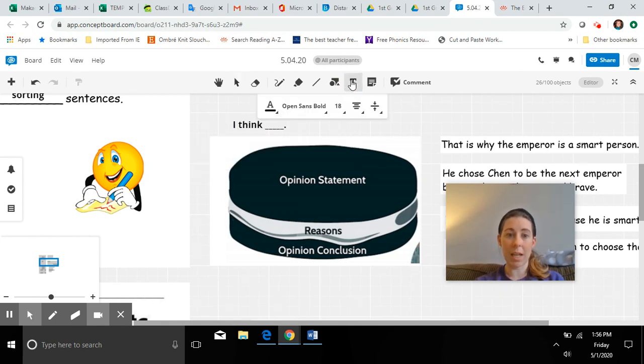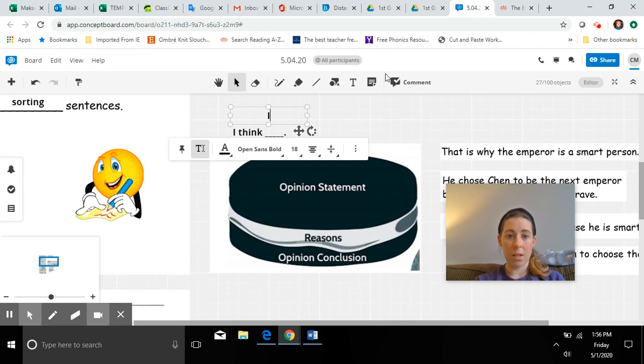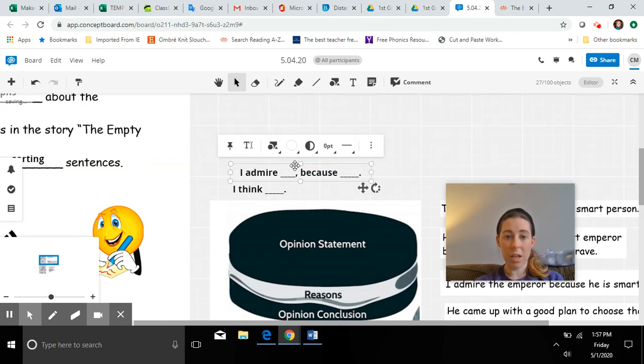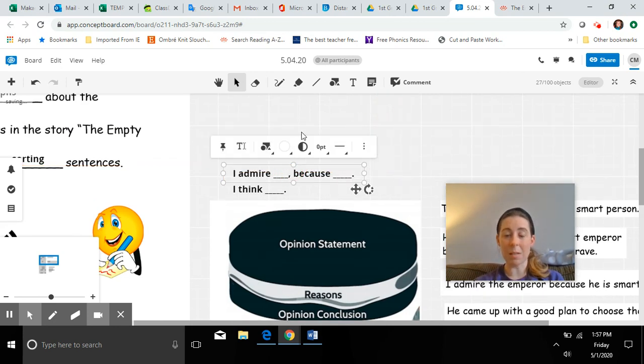It might say, I admire blank because blank. So you could be talking about something you admire about the character. And if you admire something, it's something you like about them.